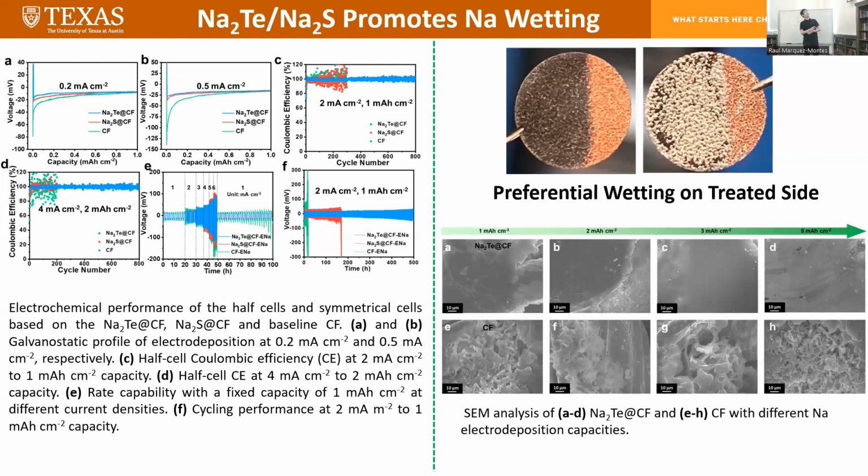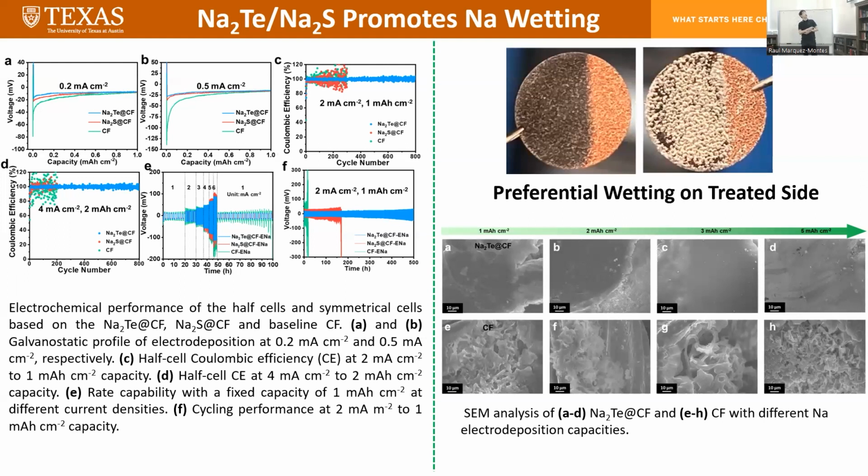Now we look at the image: you can see the sodium preferentially deposited on the side that had the tellurium coating. On the other side, you barely see any sodium; only a very small portion was covered by sodium metal, which again proves our hypothesis that the surface coating really promotes sodium wetting. It's a very straightforward experiment. And now we look at the microstructures using SEM.